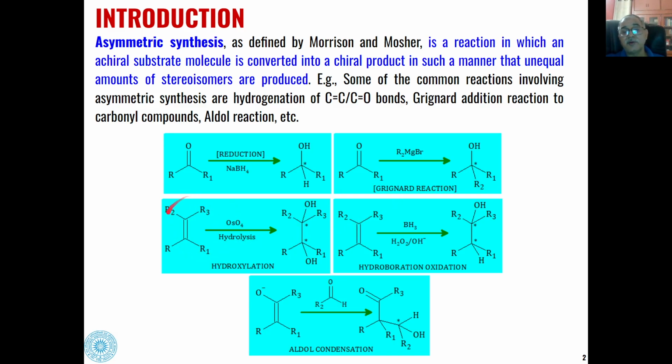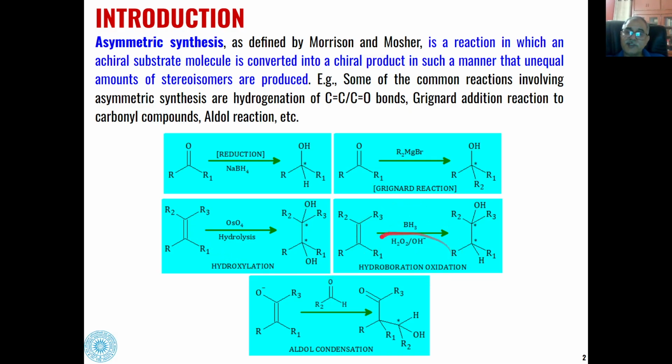Then if hydroxylation of these alkenes takes place, you can see two chiral centers are created over here in an achiral substrate, and this can also be an example of asymmetric synthesis.